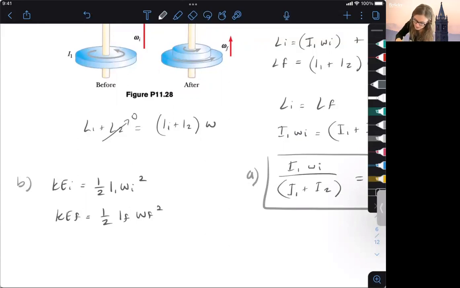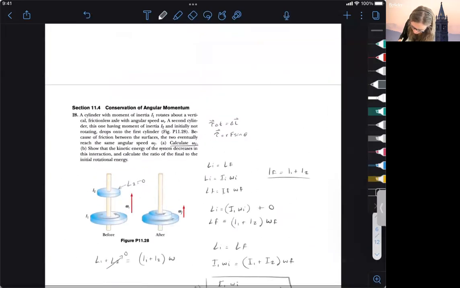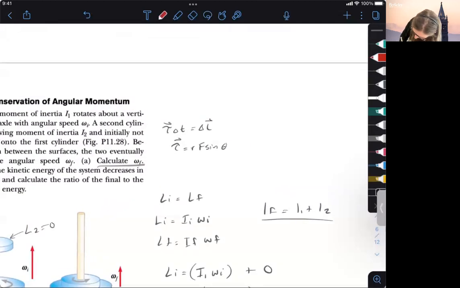A very important takeaway here is that in inelastic collisions, and we just saw this before, the kinetic energy, KE, is not conserved, meaning that there will be a change.